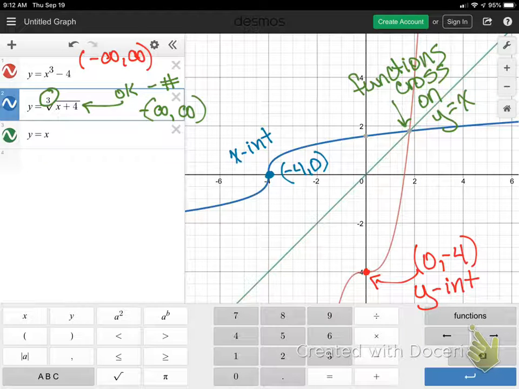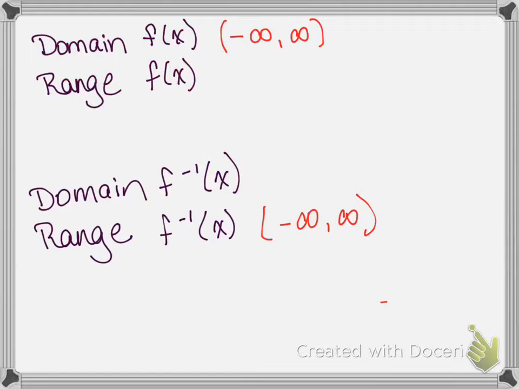And it's because this number right here is odd. If that number was even, like square root or the fourth root, you couldn't have negative numbers in there. But because it's odd, you can. So my domain for my inverse is negative infinity to infinity. That means my range of my original.